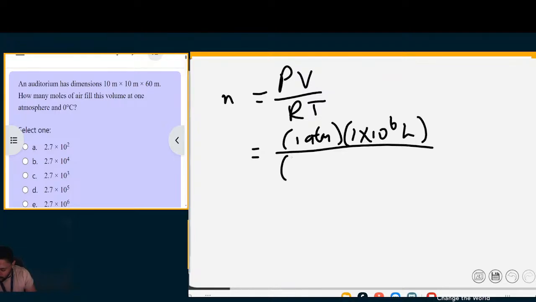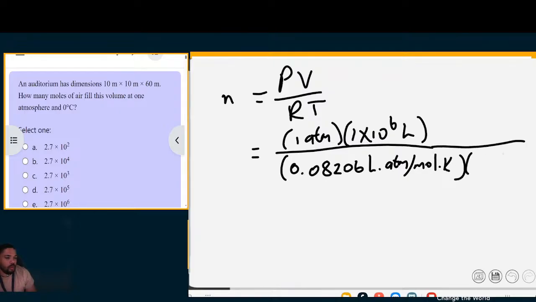The gas constant is 0.08206 liter atmosphere per mole Kelvin. And of course the temperature of 273,15, and that gives you the number of moles.